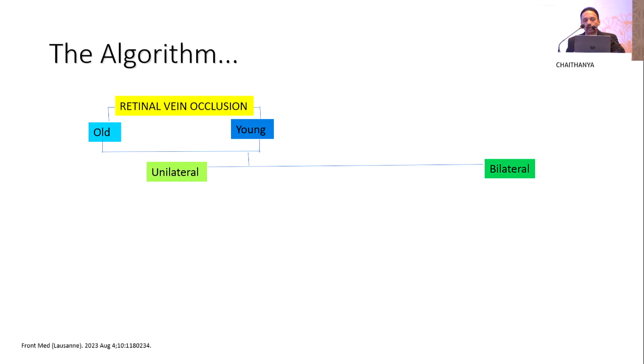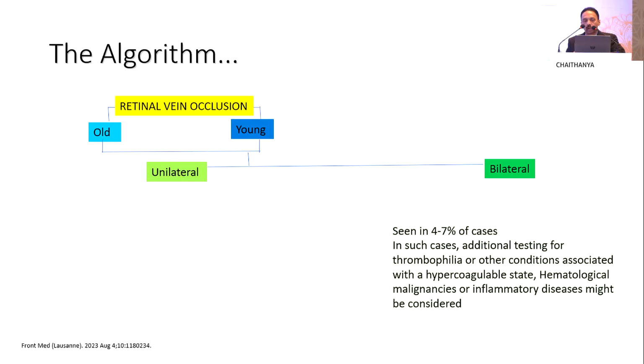And then we would like to see if the occlusion is unilateral or bilateral. Predominantly, retinal venous occlusions are unilateral diseases, but when you see it bilateral at presentation, which is seen in 4 to 7% of cases, it means that you require some additional testing because the etiologies may be slightly different.